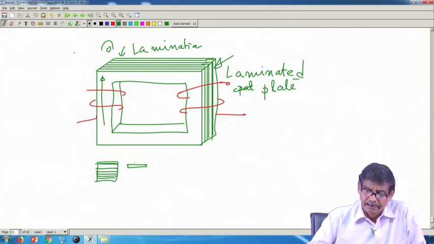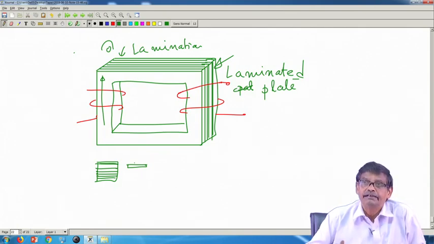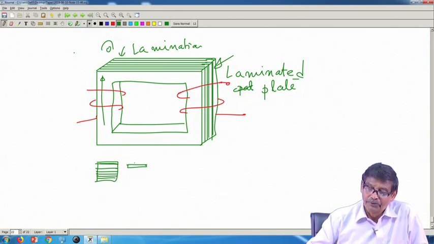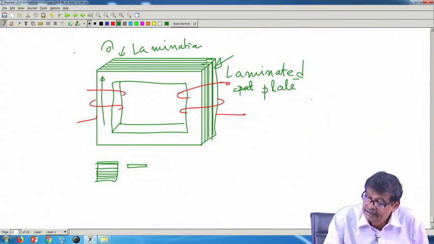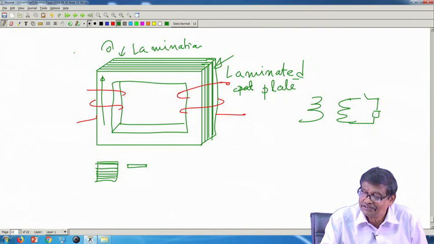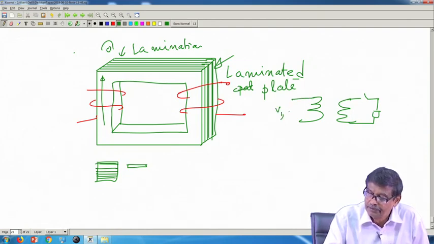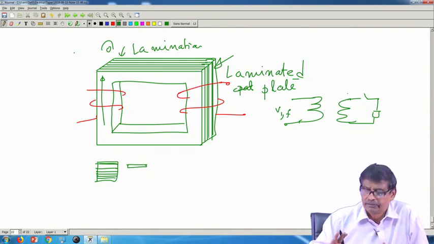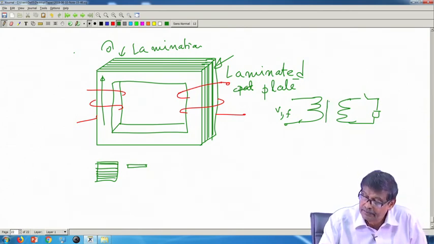Now, how to take this eddy current loss effect into the equivalent circuit? Coming back to the original question. So, it looks like that even with the secondary of the transformer opened, you can look at it in this interesting way as well. This is V1, you have switched on the supply, secondary is open, but there is core material.